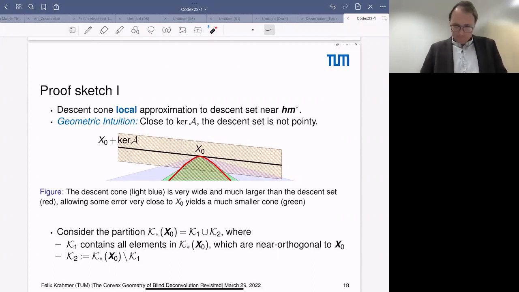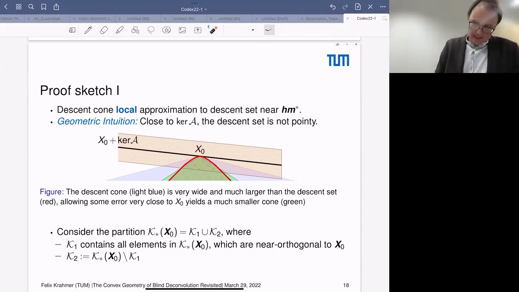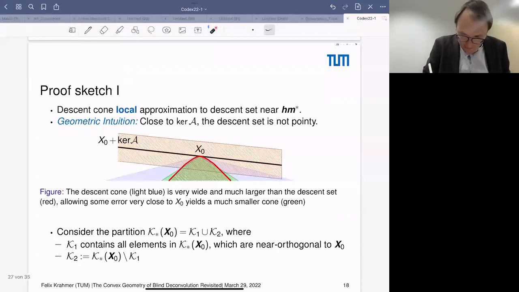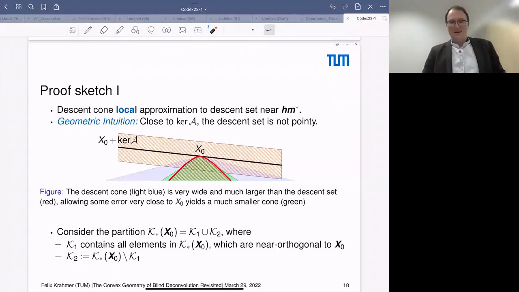So what we should think of is more like a smoother type object, like we have here. Even if it's close to smooth, you can draw the descent cone. It's very, very wide, because you have to use these tangential parts, and that makes the cone very wide, even though there's curvature. The descent set, which I noted in red, is actually much smaller.